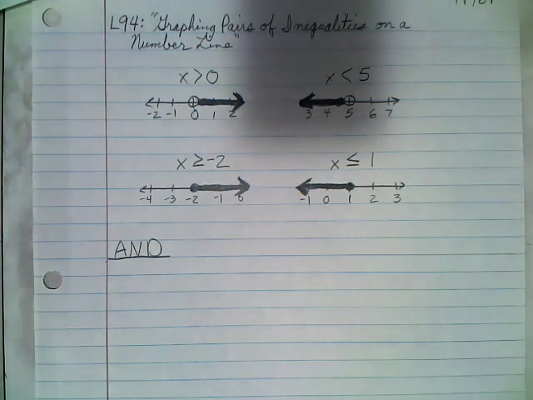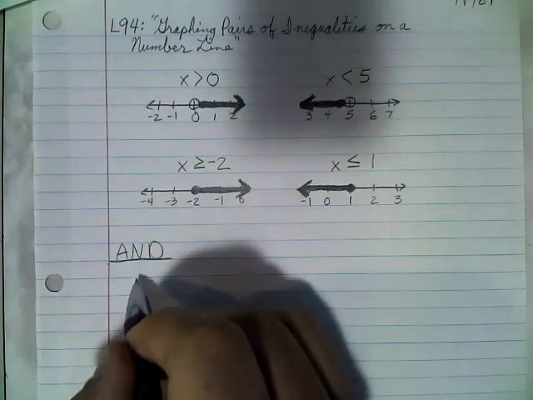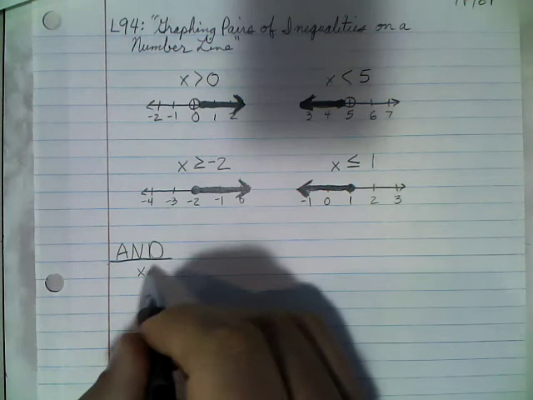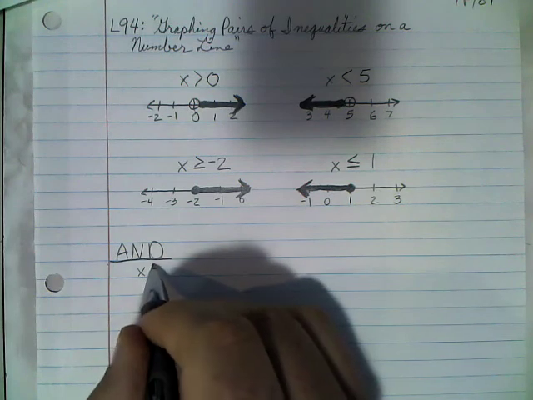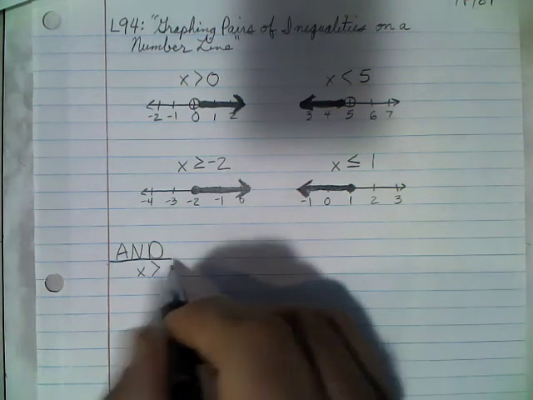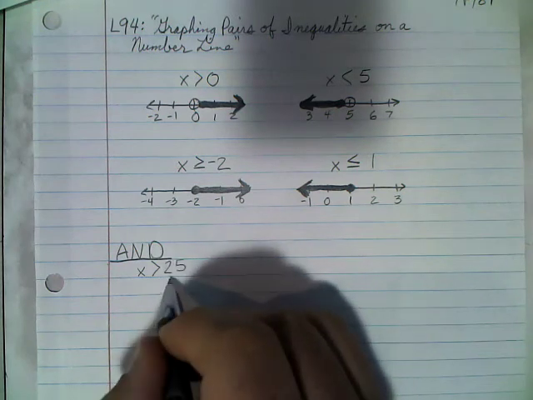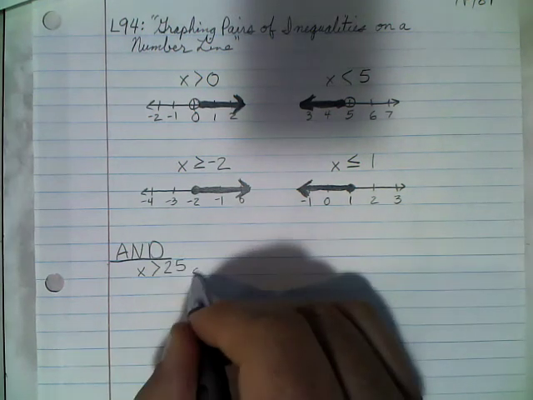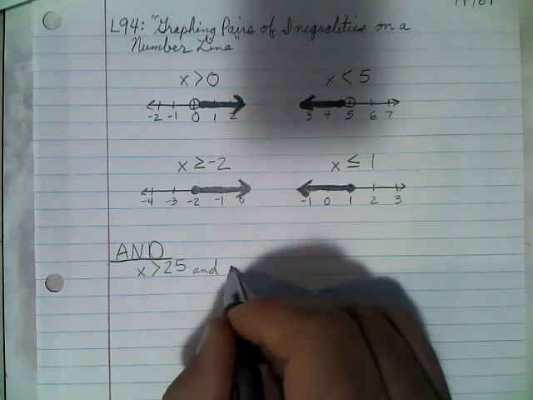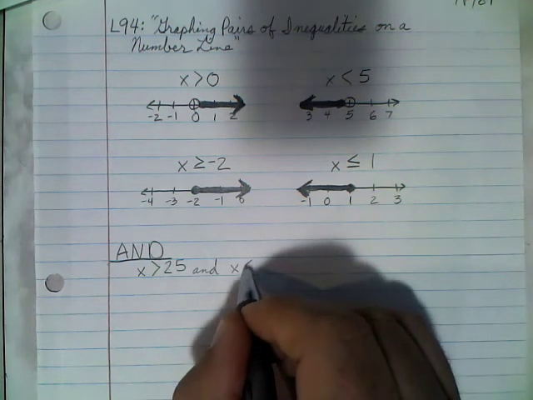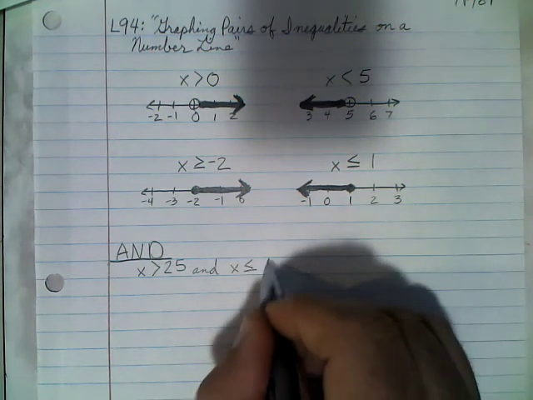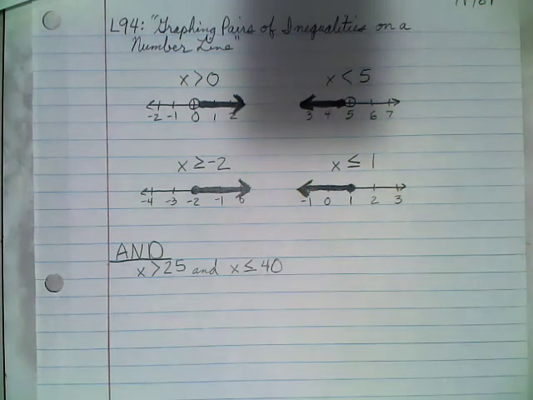We're now going to take a look at some and statements. So we're going to start with x is greater than 25 and x is less than or equal to 40.